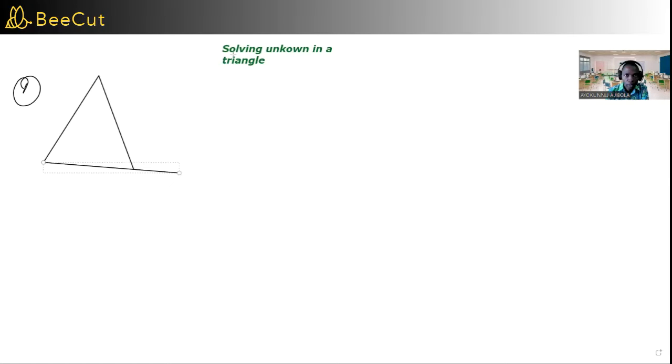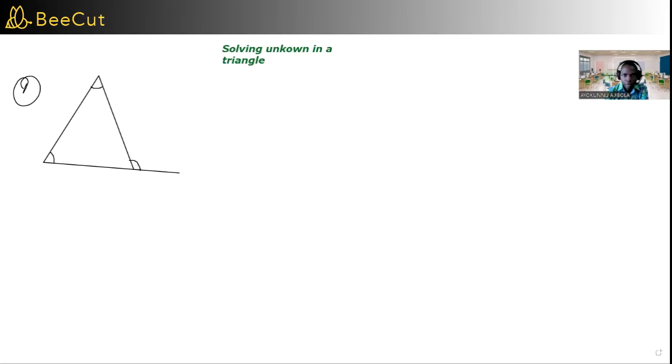And we have the angles. This is an angle, this is an angle. So with that, we have some labelings there.